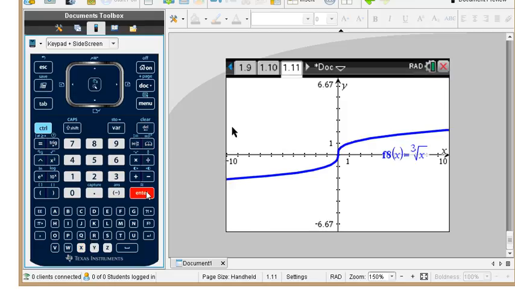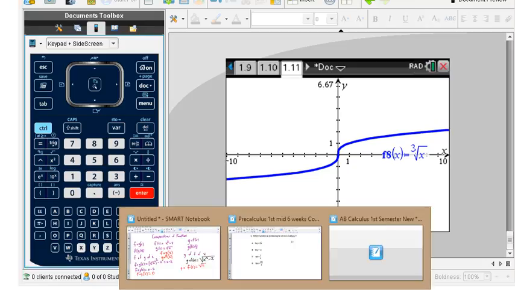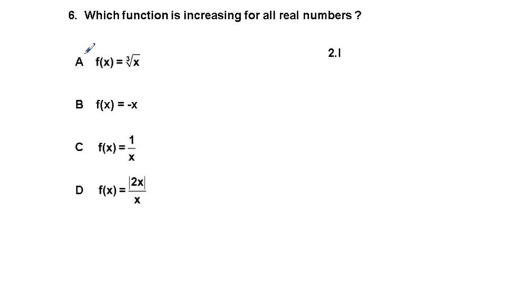Here, press Enter, and the function is increasing for all real numbers, from greater than negative infinity to less than infinity. So our correct answer to this one is going to be answer choice A.